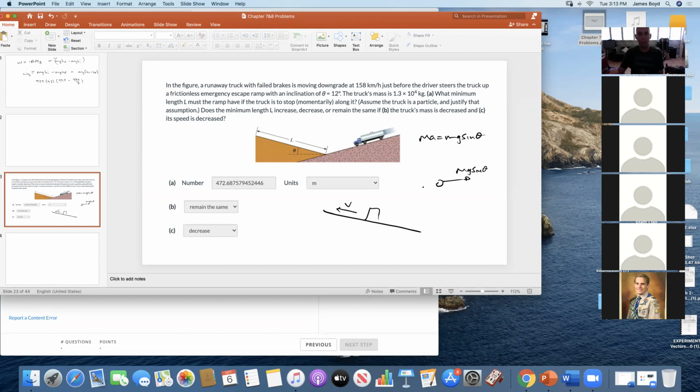So what we need to figure out is how much kinetic energy it has here compared to how much potential energy of gravity it ends up with here. Actually, I shouldn't do that mg sine. What I should say is that this problem can look the same as this.